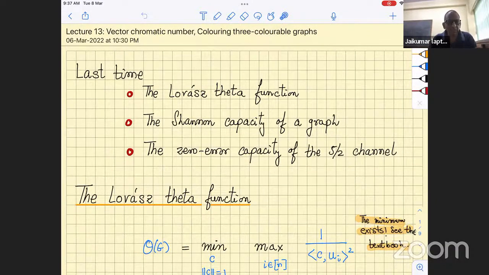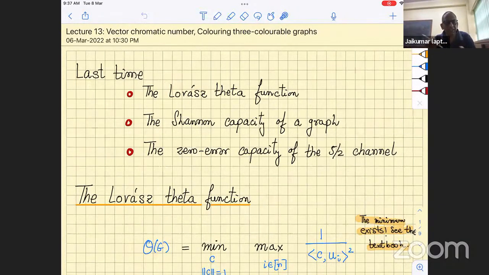There was a channel which had the property that if you fed it a particular input symbol, then one of two symbols would show up. And when you looked at the confusibility graph, which symbols are likely to be confused with each other, meaning they are both compatible with a common output, it turned out to be a pentagon.